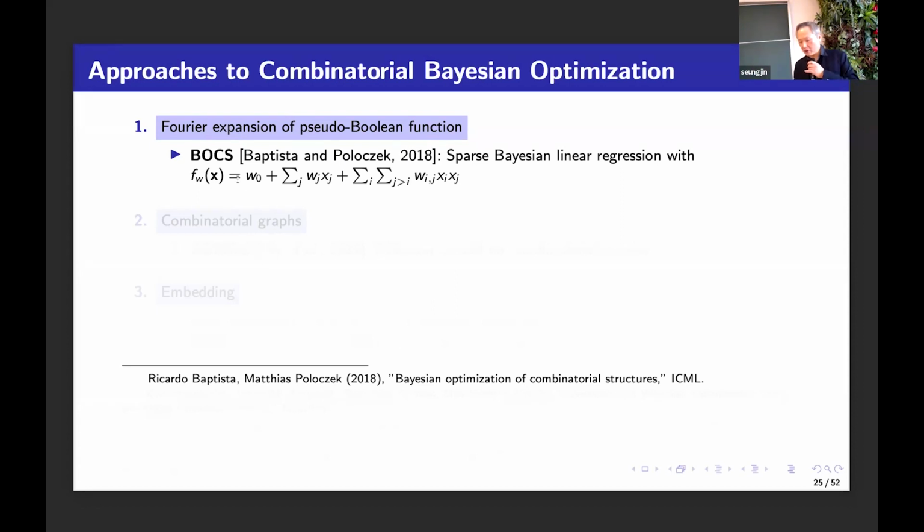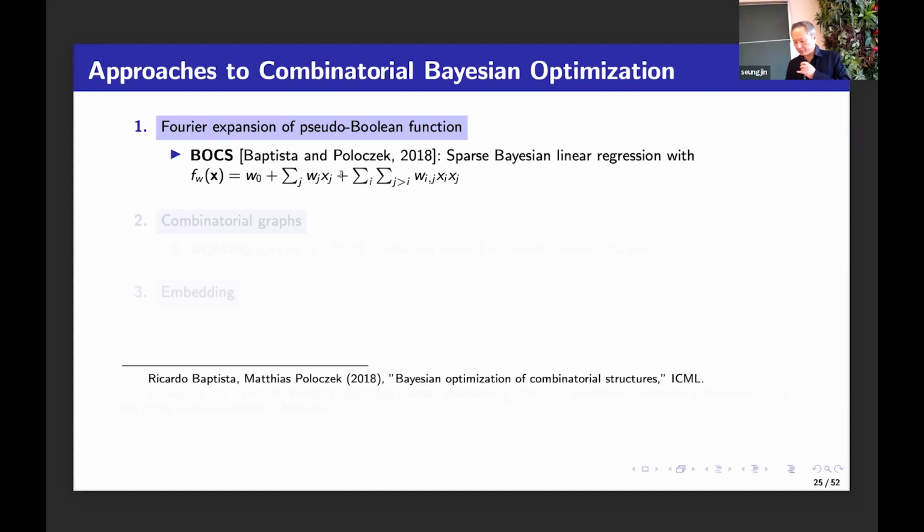So once you have the free expansions of f of x up to the second order, you simply apply Bayesian linear regression to figure out all those parameters. That replaces the Gaussian process regression in constructing the surrogate models.